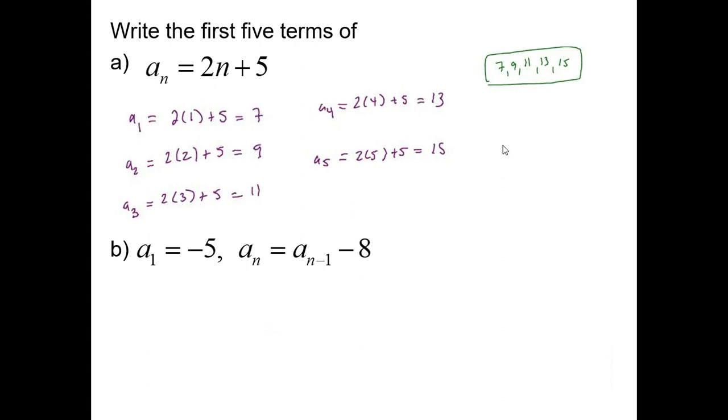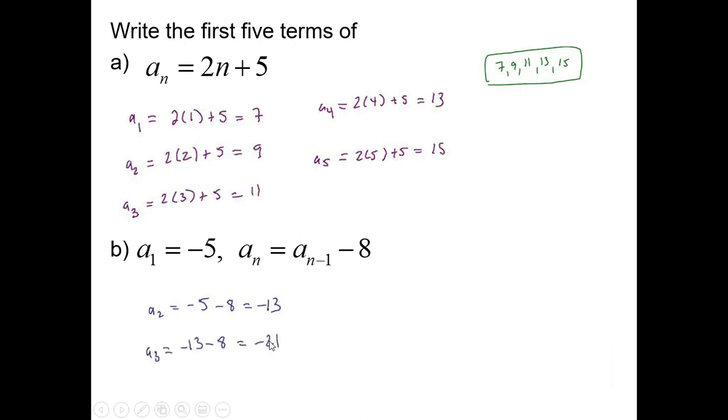Okay, now let's take a look at the next one. We're given the first term, and then we're given an equation for each subsequent term. So let's take a look at how we could calculate this. I know what a sub 1 is, it's negative 5. a sub 2 would be the previous term, which is a sub 1, which is negative 5, minus 8, which is negative 13.